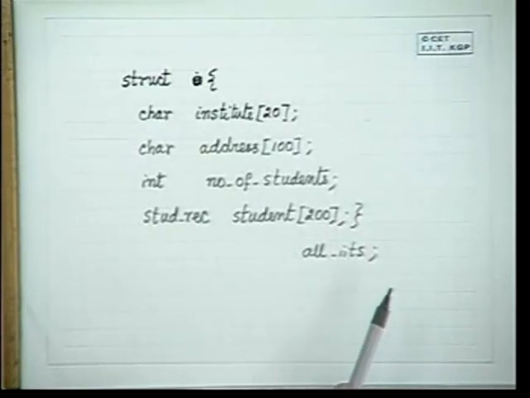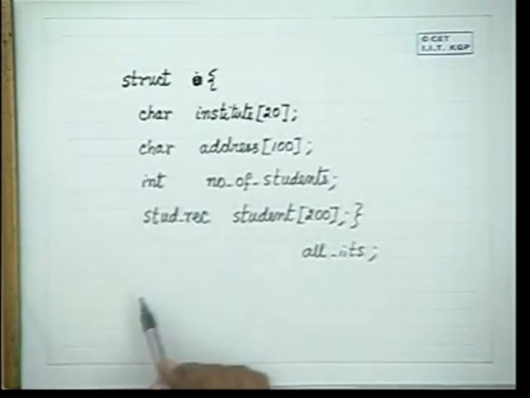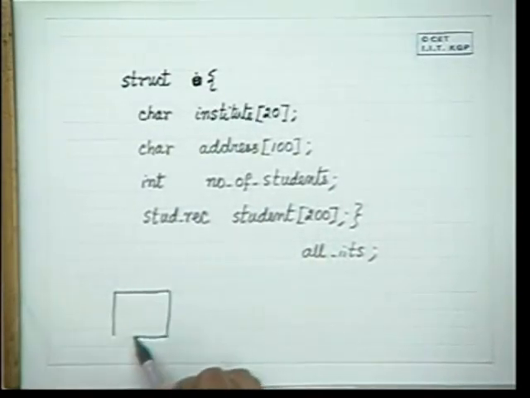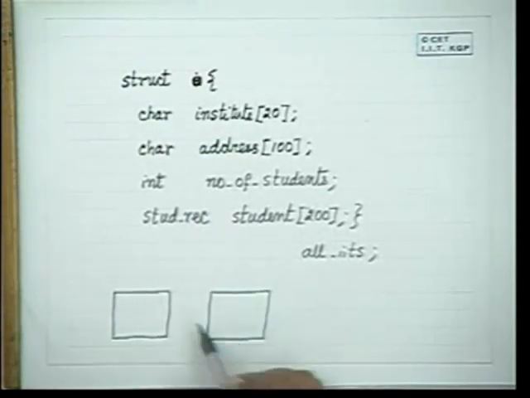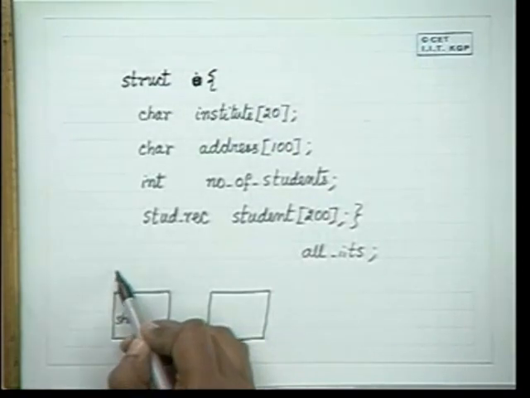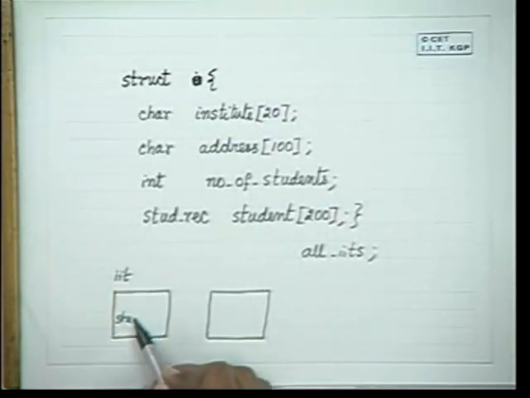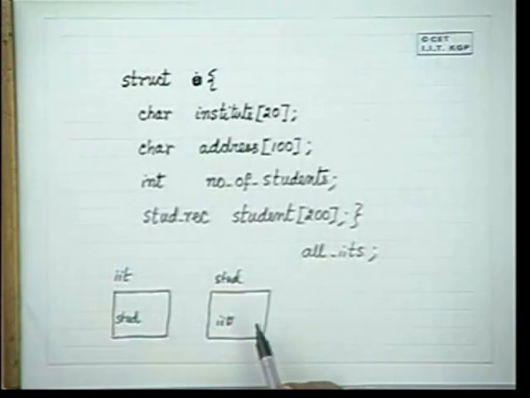But you must be very careful that when you define a structure, you cannot have self-referencing in both directions. That is, you cannot normally have a structural definition in which you define, say, IIT, here you define a structure student, and in student also you define IIT.